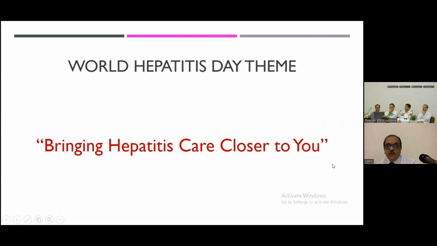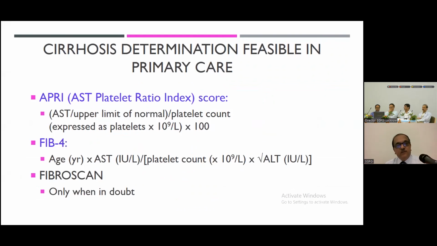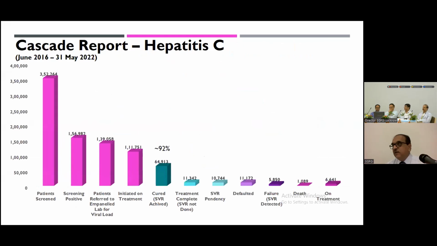That means bringing hepatitis care closer to you. We have taken it from the institutes to the district hospital, sub-district hospital, and finally the others also. So these are the paradigms that we have used. We can diagnose cirrhosis also, and here you can see the cascade.